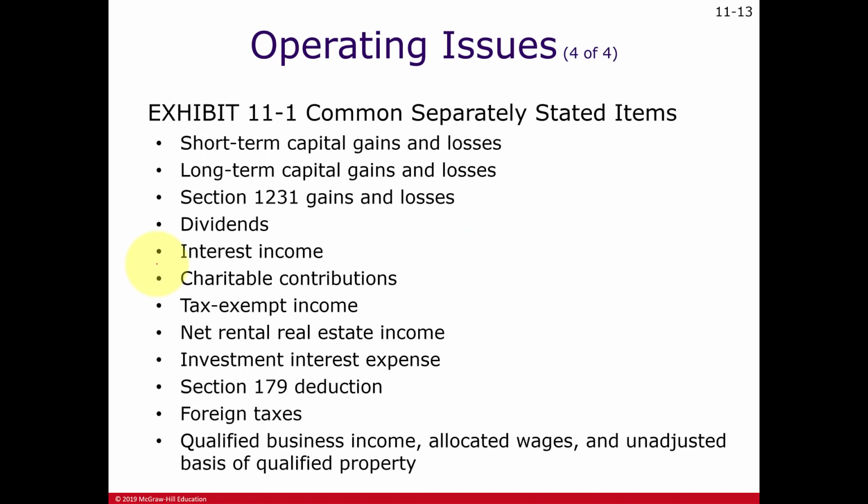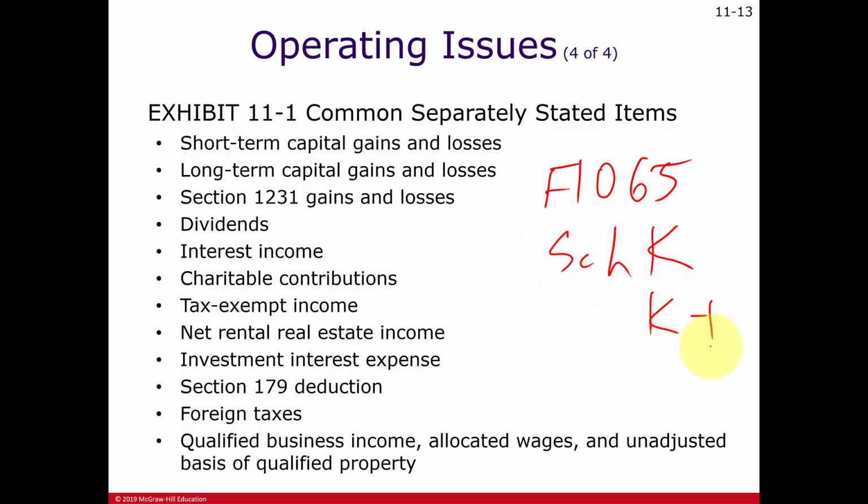So here are some examples of separately stated items, and this is pretty much a duplication of what we saw for a partnership's 1065 form. Remember, again, the Schedule K and K1.